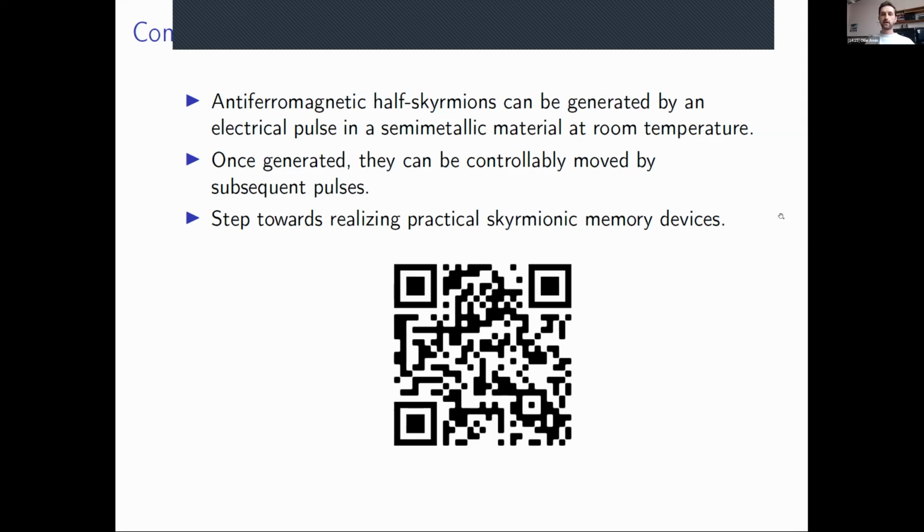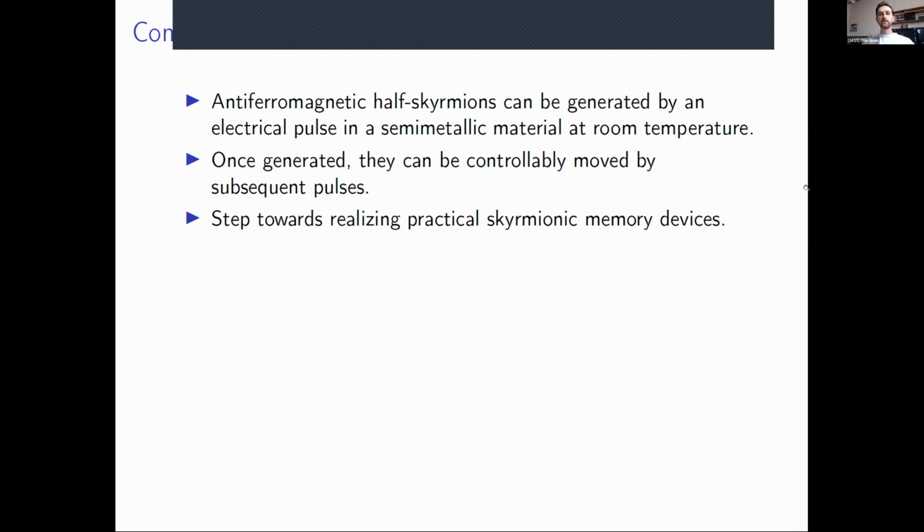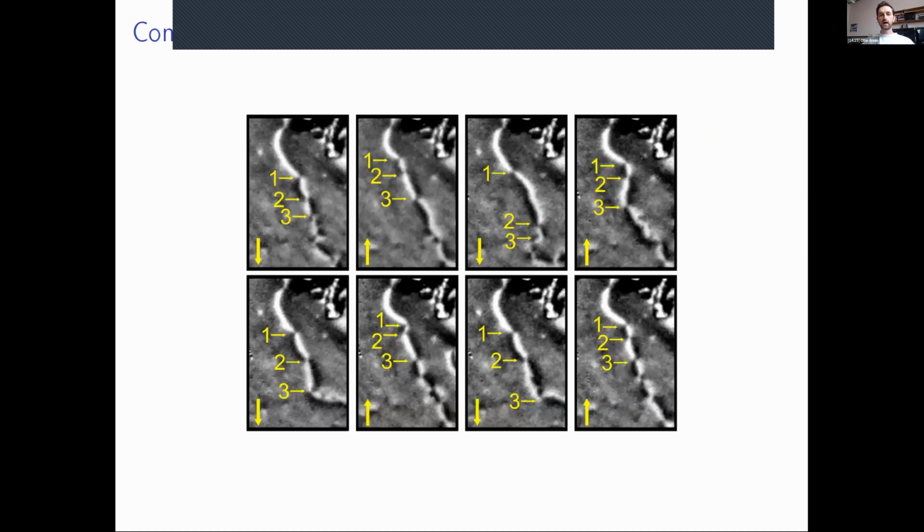So pinning, that's a very good question. Pinning here definitely plays an important role. If I go back to the images of the sequence of pulses here, you can see that, as I alluded to, the last 4 images in particular show this. The positions to where the half-skyrmions move is quite clearly well defined.